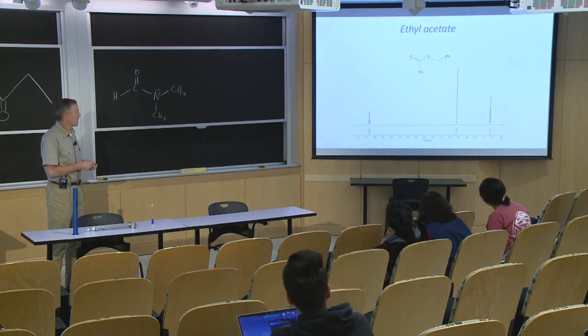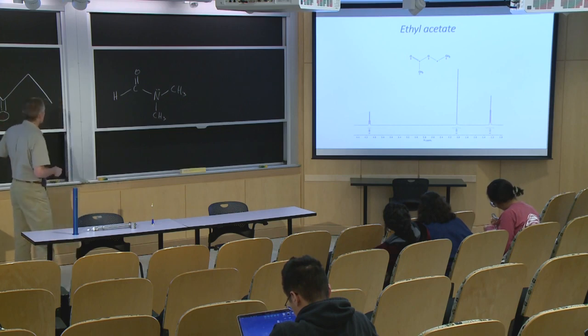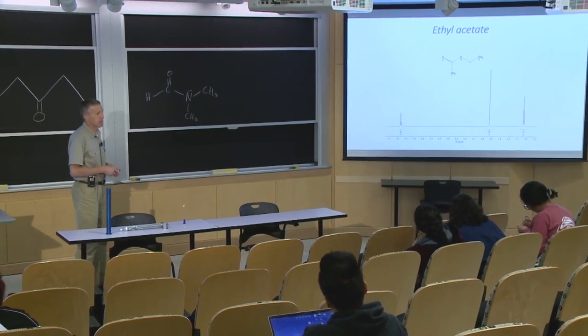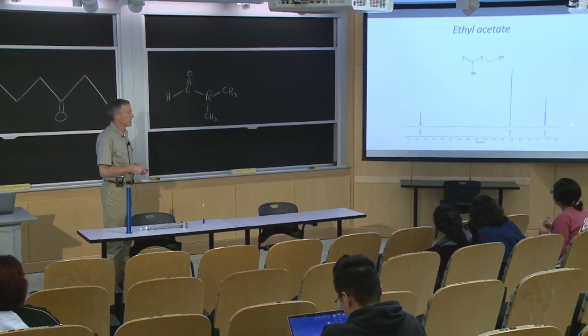This carbon is just bound to a plain carbon without a double-bonded oxygen on it, and so it's not de-shielded as much. Although if I just had an alkane like pentane and I looked at the terminal methyl on pentane, it would be over here because it would not be de-shielded at all compared to this.